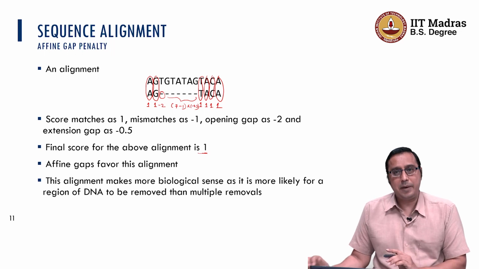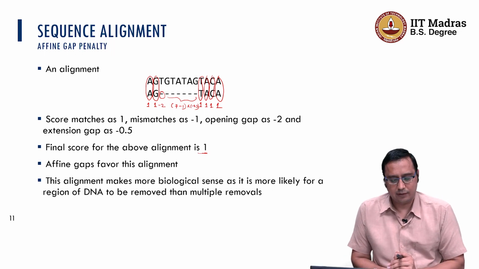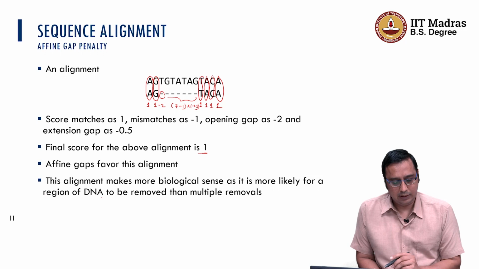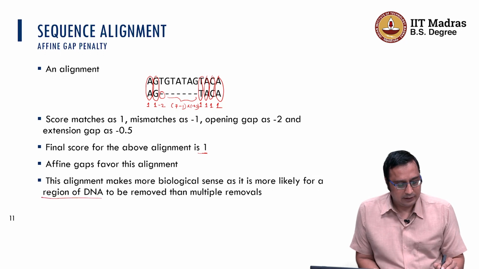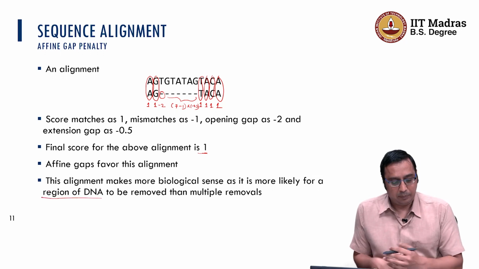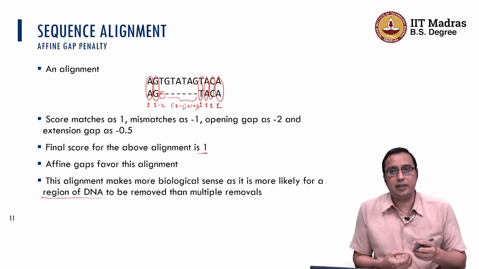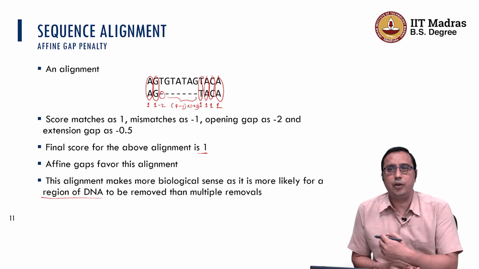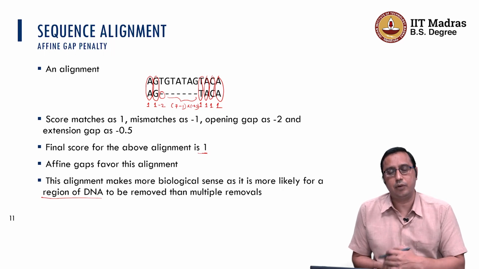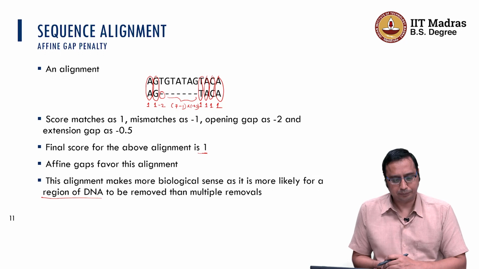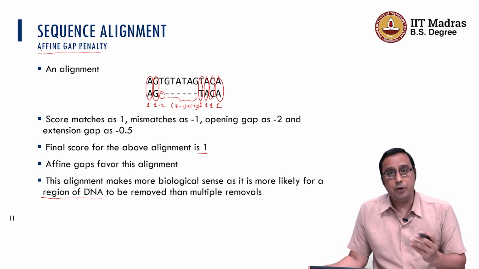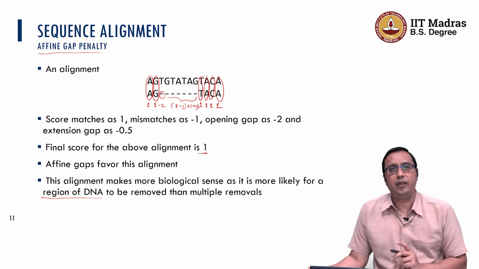And this particular alignment makes, as I told you, more biological sense, as it is more likely for a region of DNA to be removed than multiple separate removals. So as we discussed, it is possible that a complete region of DNA can be removed rather than regions in between getting removed while we sequence it or while we do the processing. Hence, affine gap alignment will be used for providing penalty for gaps.